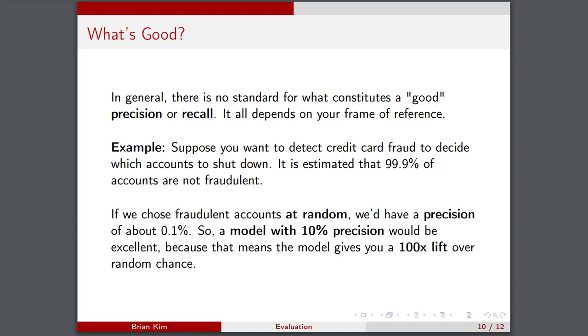Because there's so few fraudulent accounts, that's not going to be very good. So a model with 10% precision is actually really good. Being able to say that out of all the positive predictions that I've made, 10% of those are actually fraudulent is a huge improvement over 0.1%, because that's 100 times lift over random chance.